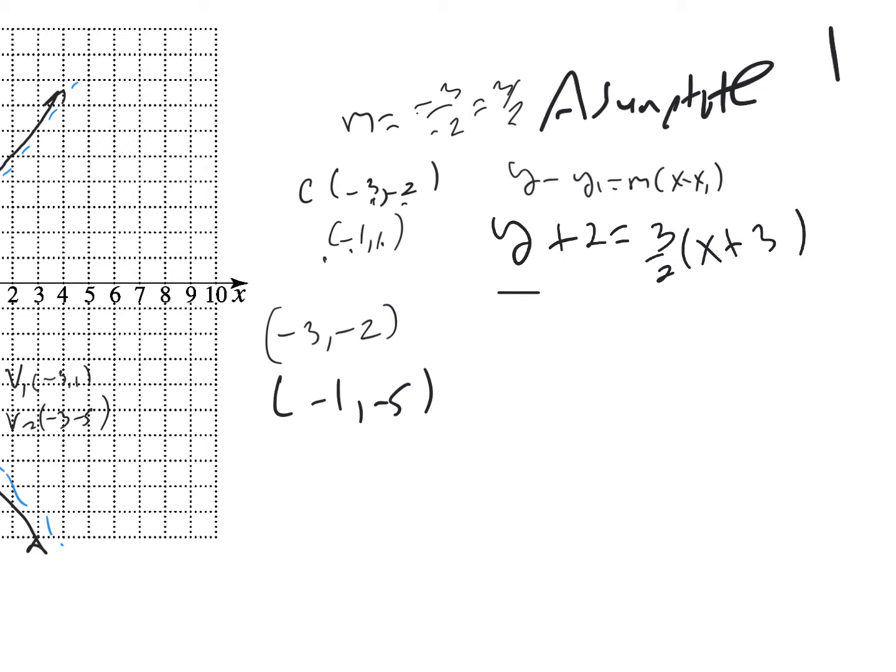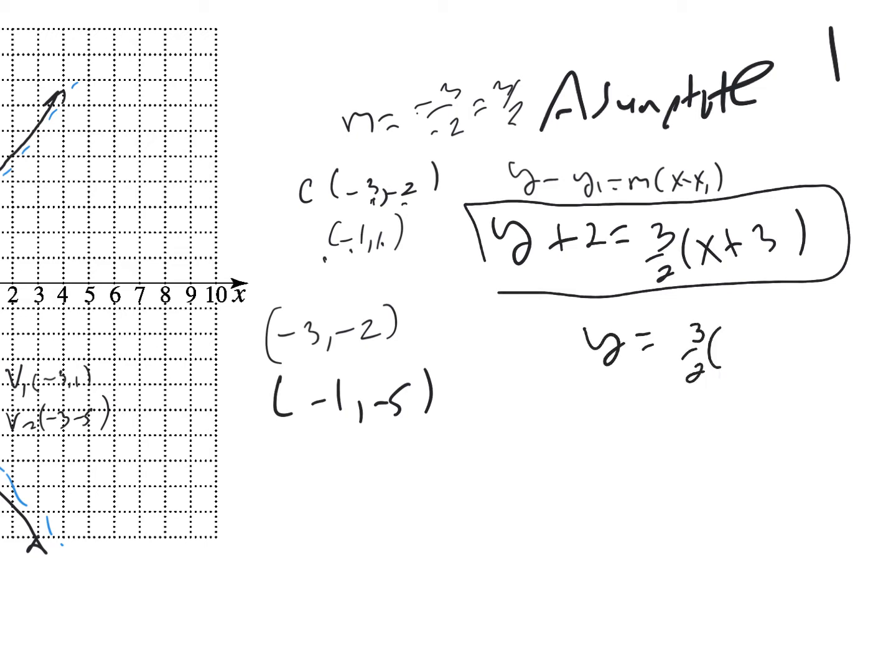I personally would leave that answer, but if you're doing MyMathLab or something, they probably want you to solve it for y. So y equals 3/2 times x plus 3.